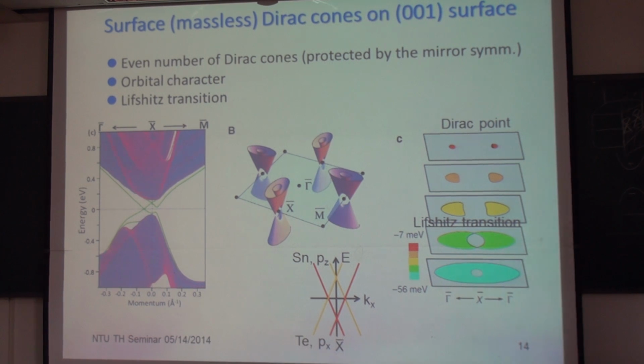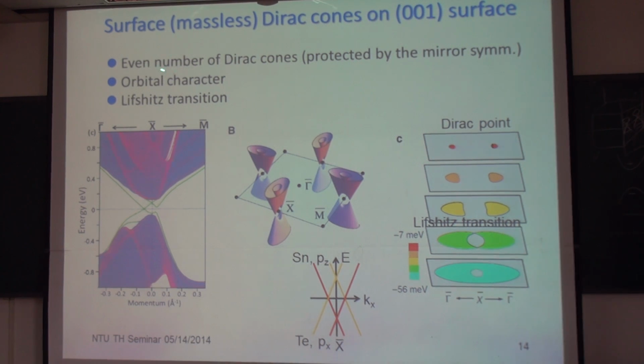That means in a mirror symmetry protected topological insulator like SnTe, which has non-trivial Dirac cones on the 001 surface, I think there are three features that are prominent.